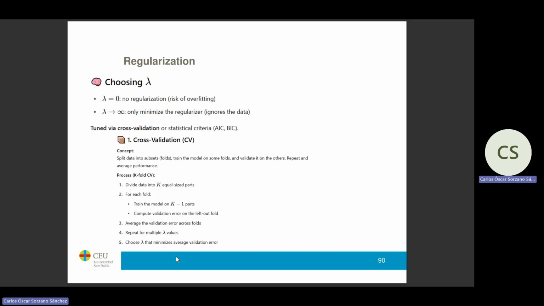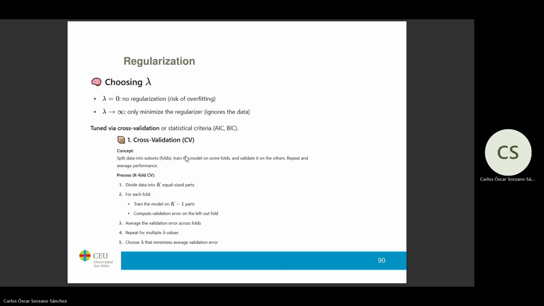For instance, this approach using cross-validation is very useful. You know cross-validation, right? So you have all your data, you divide it into blocks, into K equal subsets. You take K minus 1, you estimate your model on these K minus 1 parts of your training set, and then you compute the validation error on the block that has been left out.